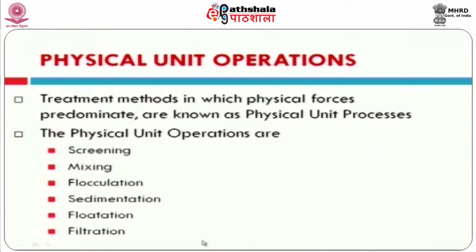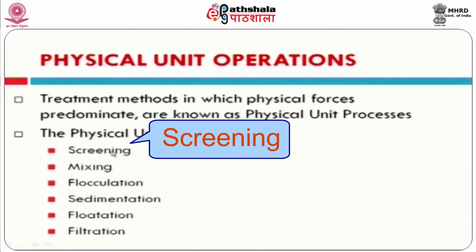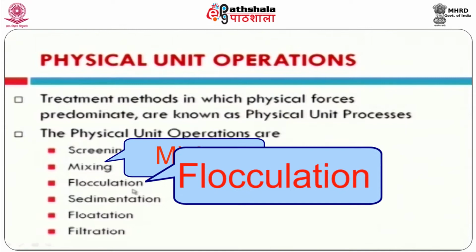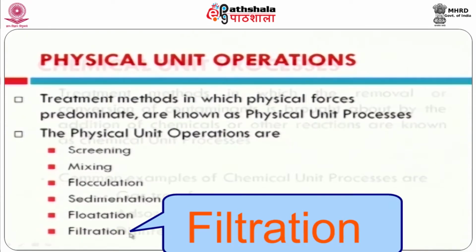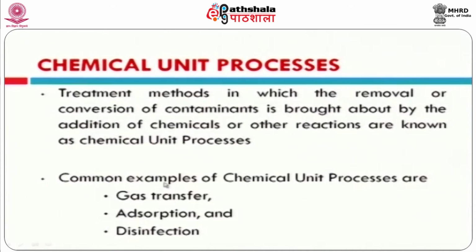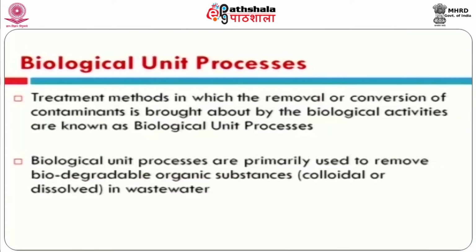The predominant physical activities involved in wastewater treatment are screening, followed by mixing, flocculation, sedimentation, flotation as well as filtration. The chemical processes involved in wastewater treatment facilities are gas transfer, adsorption as well as disinfection. Biological unit processes can be achieved with the aid of aerobic bacteria as well as anaerobic bacteria.